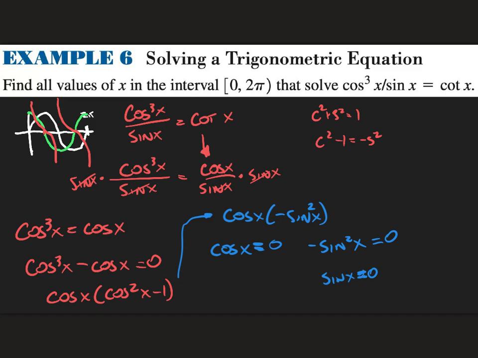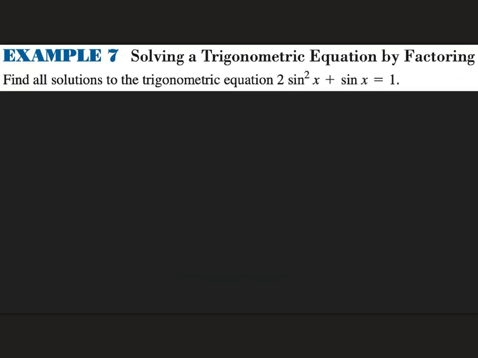Now looking back at our original equation, the sine can't be equal to 0 because it's in a denominator, so we can't use this one. So where is the cosine equal to 0? The cosine of x is equal to 0 at pi over 2 and 3 pi over 2. And these are your solutions. If you plug these two angles in, it definitely has to work out for both sides.